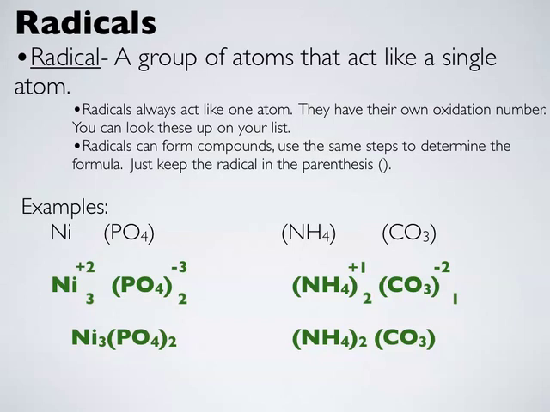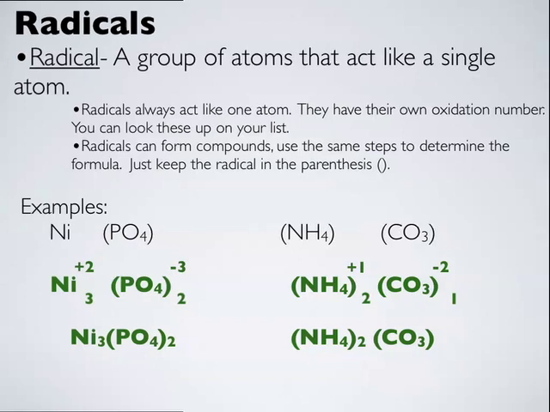Carbonate has 3 oxygen, carbonite 2. Nitrate? Nitrite? 2. So the ATE always has more oxygen than the ITE. So that's how they get those names. So when you see something that has an ATE, you know it's going to have 1 more oxygen than the version with ITE. All right, we'll talk more about that in a few minutes.